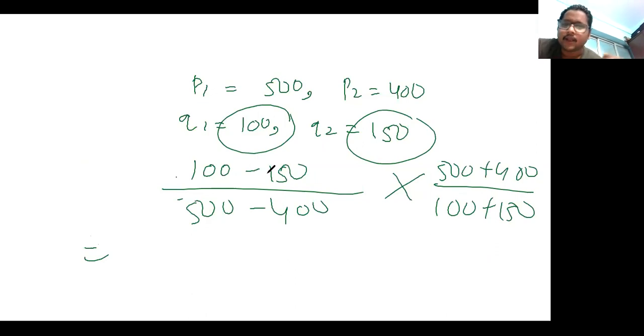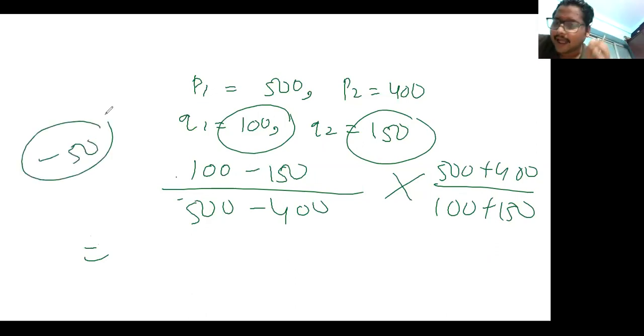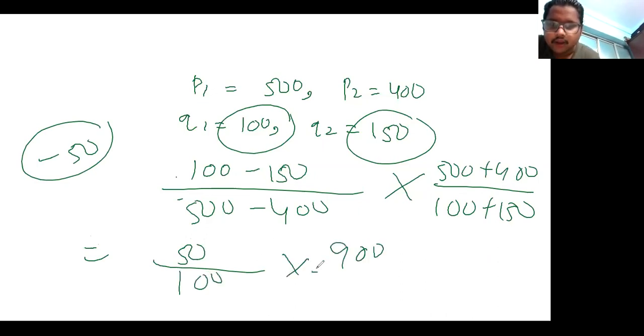So now what will happen? 100 minus 150 will come as minus 50. But while calculating arc elasticity, we can eliminate the negative sign. So instead of minus 50, I'll write only 50 divided by 100, into 900, the whole divided by 250.